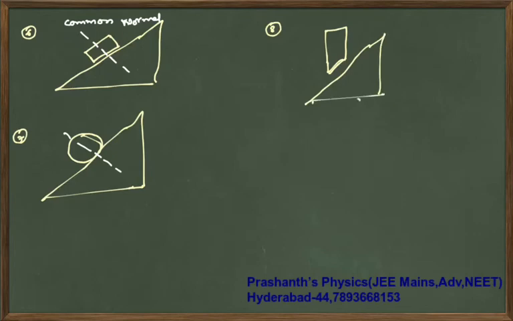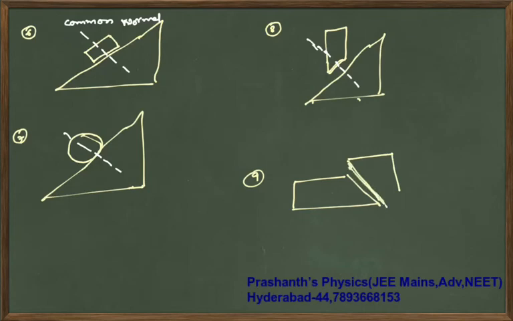Next, if you have a surface like this, just now we have seen, obviously it will be perpendicular to both the surfaces. And if you have, for example, the surfaces like this acting this way, obviously your common normal will be this way, perpendicular to both the surfaces which are in contact. So what is my point?